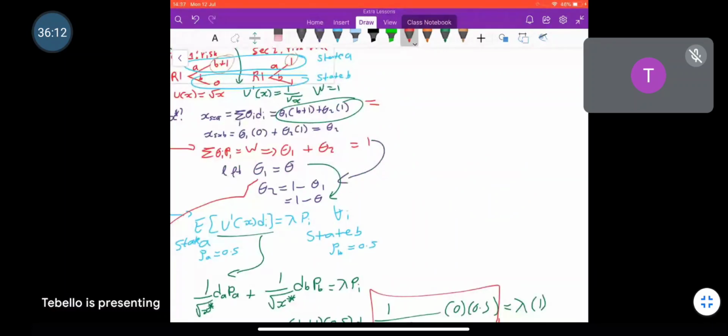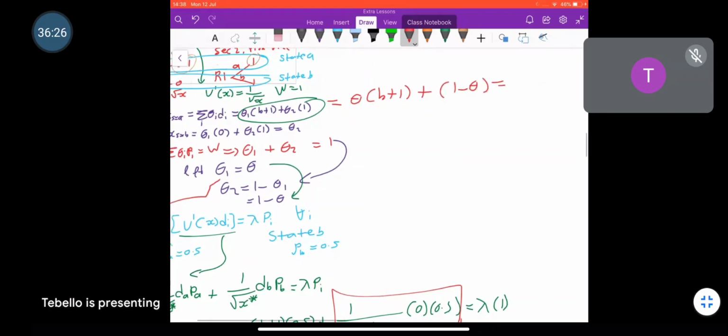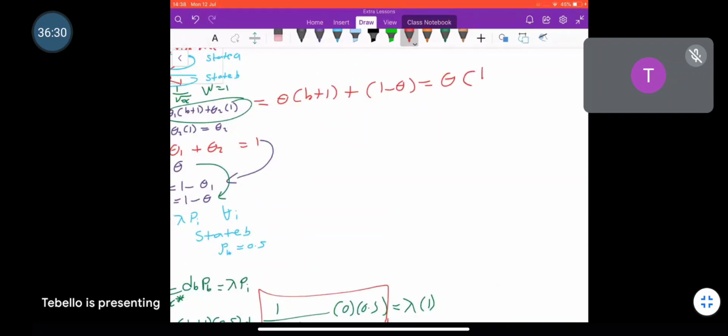We can say theta times b plus 1, plus 1 minus theta, and then the answer is going to be theta b plus 1 for one term, and 1 minus theta for the other. So these are the state pricings after we have simplified them.